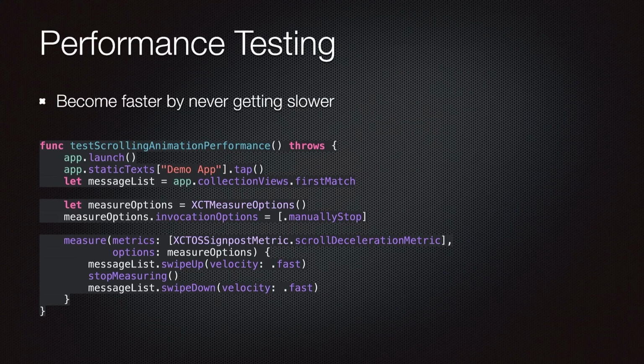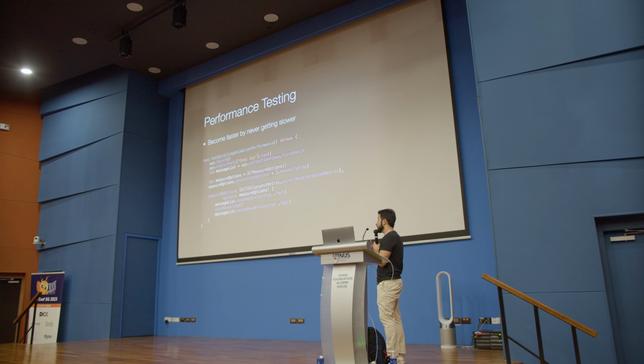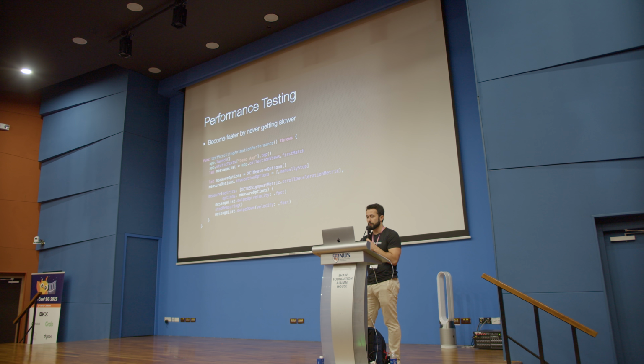You run it, you swipe up, then you stop measuring, and then you swipe down, and you see if you broke the benchmark. If you made the code slower, it's easy because you can hook this into a CI check before merging the code. And when you have a performance issue, it's very easy because you can localize it to that particular PR. So it's really nice if you want to avoid a performance regression.